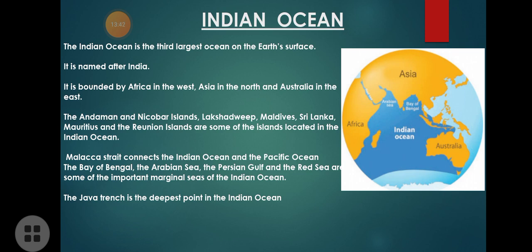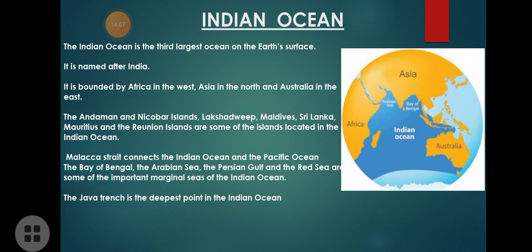Some of the islands found in the Indian Ocean are Andaman and Nicobar Islands, Lakshadweep Island, Maldives, Sri Lanka, Mauritius, and the Reunion Islands. The strait which connects the Indian Ocean with the Pacific Ocean is the Malacca Strait.